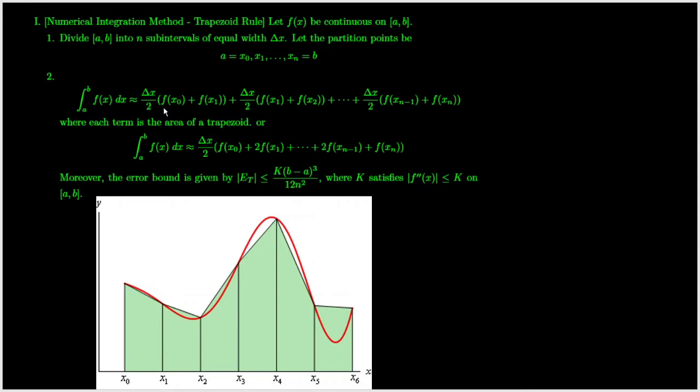And likewise, each subinterval will determine a trapezoid, and every trapezoid has an area. So the sum of the areas of all the trapezoids is given by the right hand side of this equation.